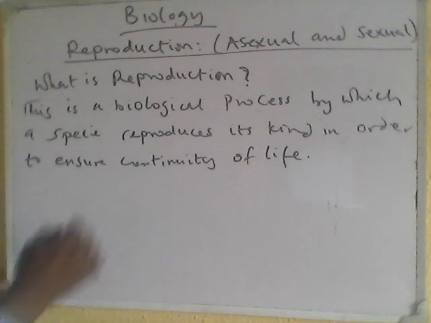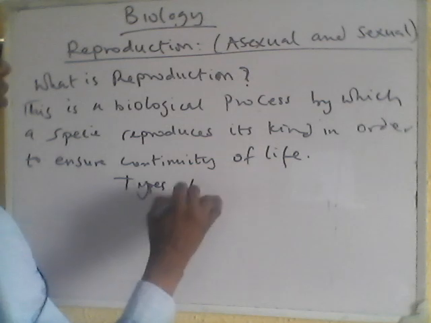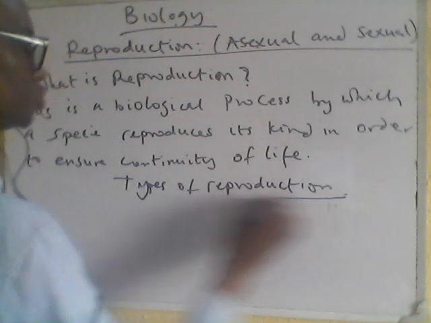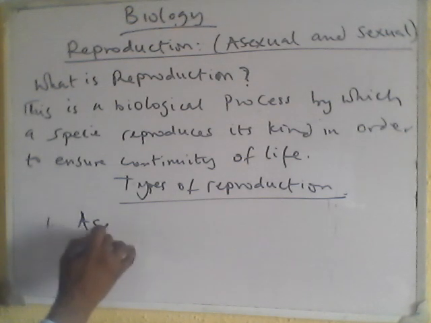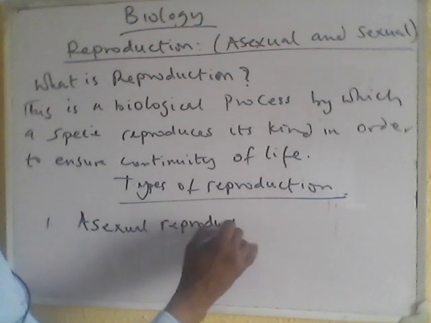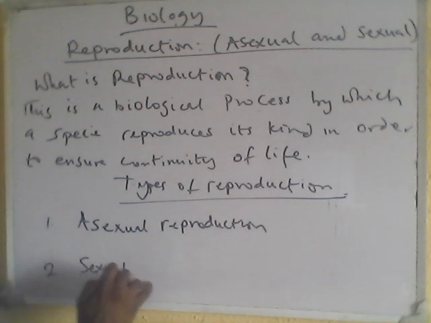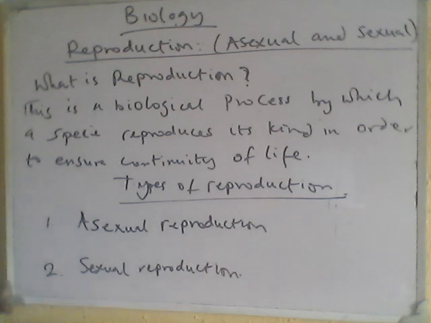So there are two types of reproduction. Number one, we have the asexual reproduction. And number two, we have the sexual reproduction. Okay, so the asexual reproduction has to do with one parent, only one parent.